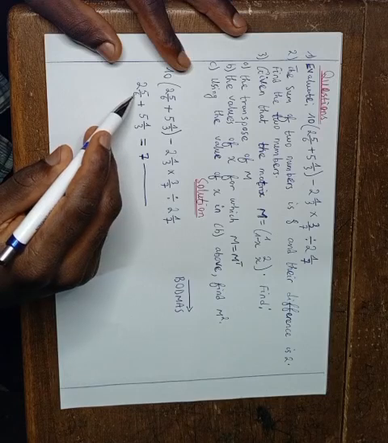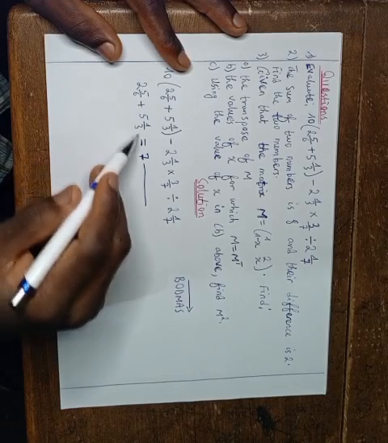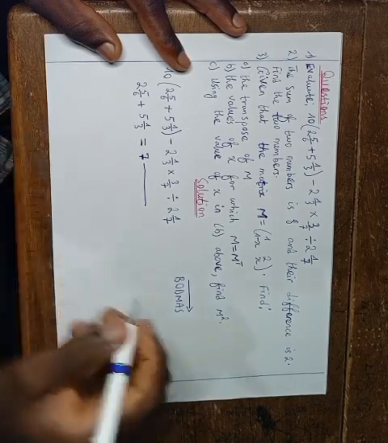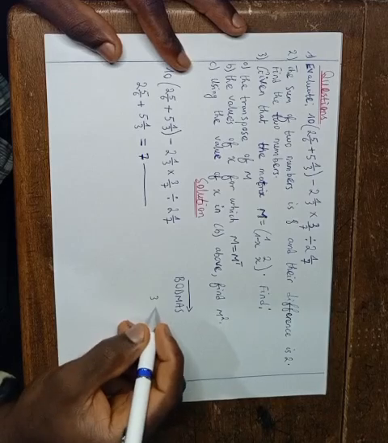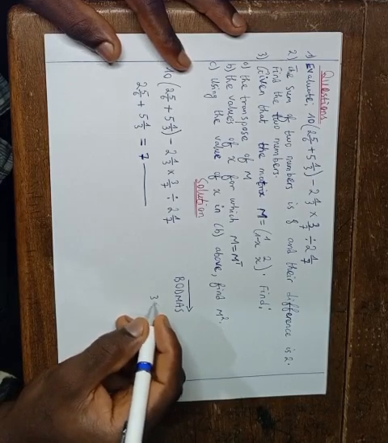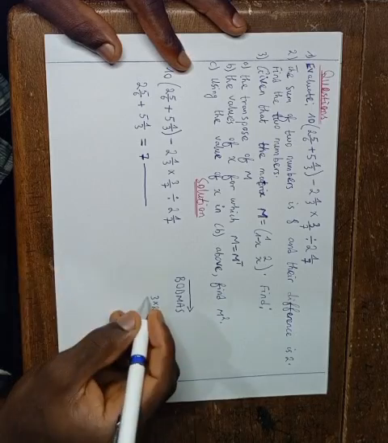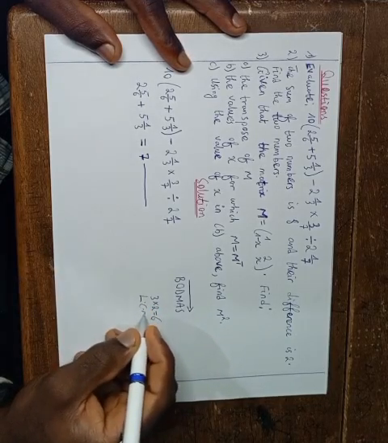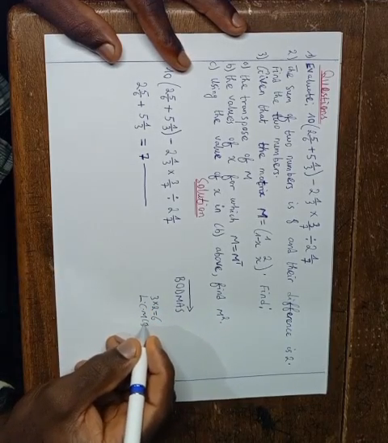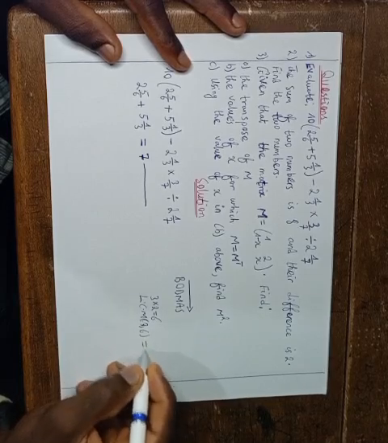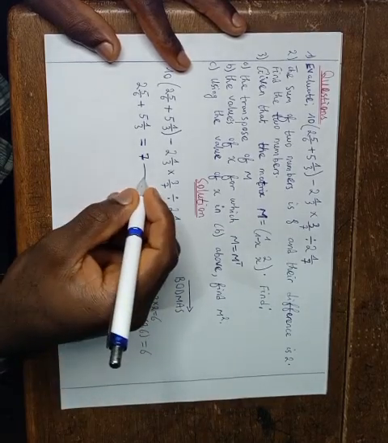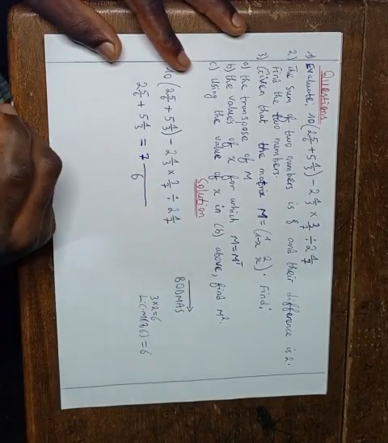This is the line that separates the numerator and the denominator of a fraction. Next, we need to find the LCM of 6 and 3. We know 3 is a factor of 6. 3 times 2 gives us 6. Therefore, the LCM of 3 and 6 is simply equal to 6. So at the denominator, I'll write down 6.